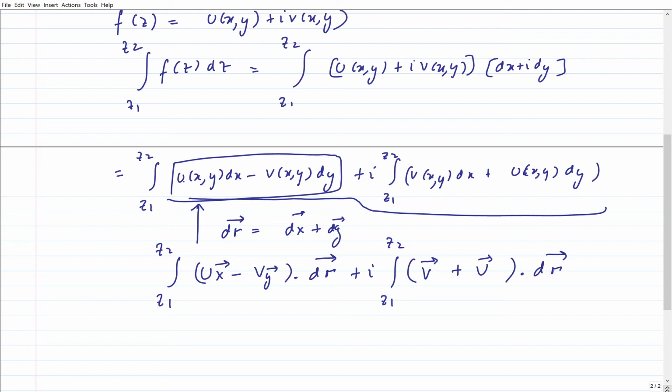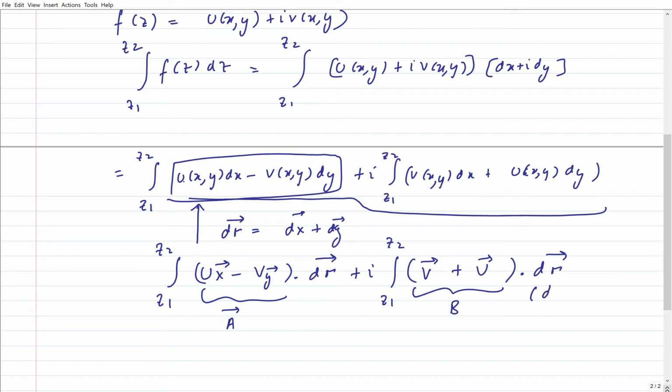Okay, so that is what I have. Now just focus on this one, for example. This is some vector a, and this was some vector b over here.